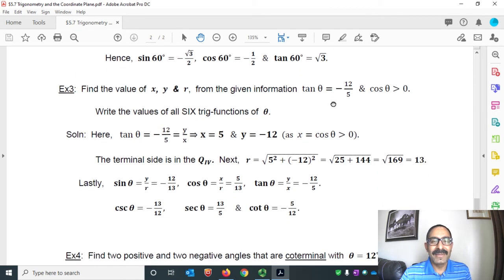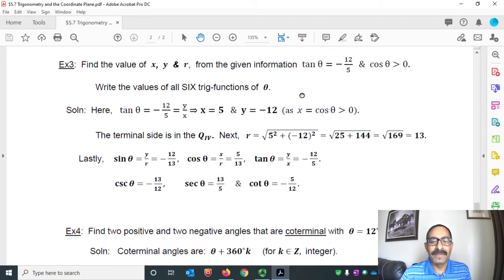Example 3, find the values of x, y, and r from the given information. The given information is tan theta equals negative 12 over 5, and cosine theta is positive. Write the values of all 6 trigonometric functions of theta. Great, so now let's begin the solutions.